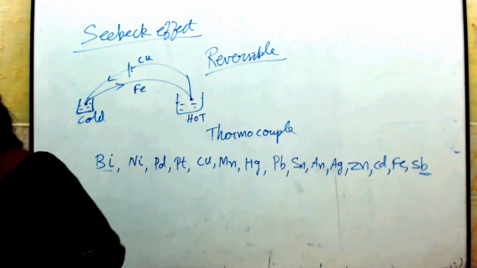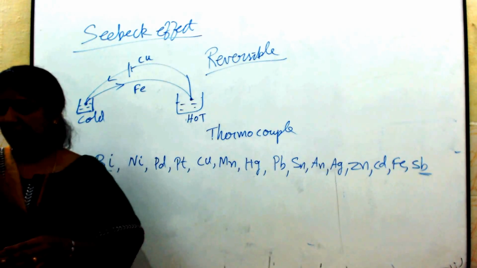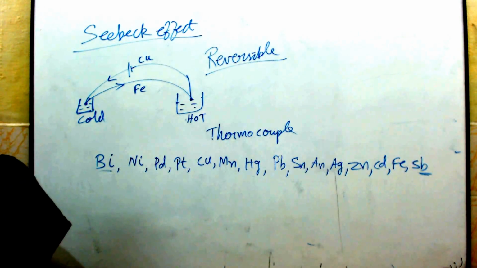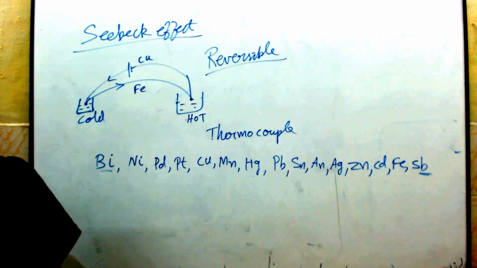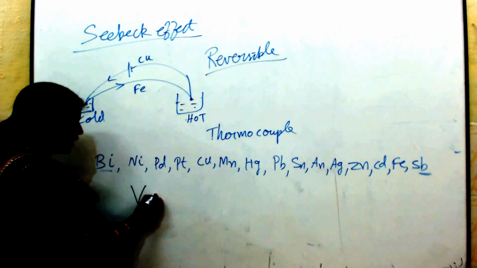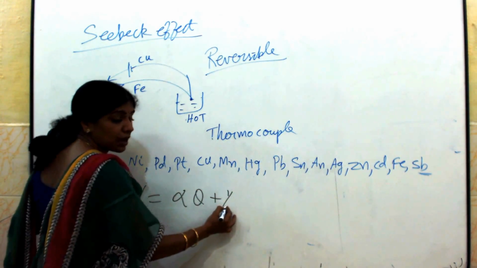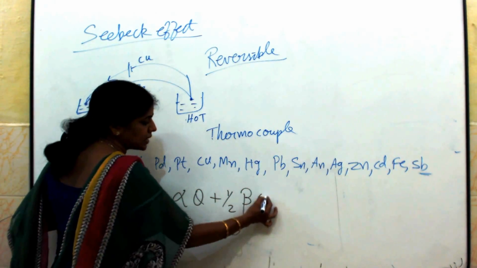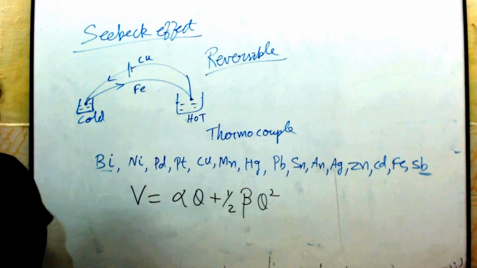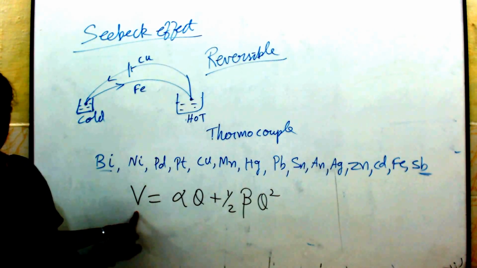Then, studying all the properties of this series, he gave a relation for the thermo EMF produced. The thermo EMF of any thermocouple has a temperature dependence. It is given by the relation V equals alpha theta plus half beta theta squared, where V is the thermo EMF produced.